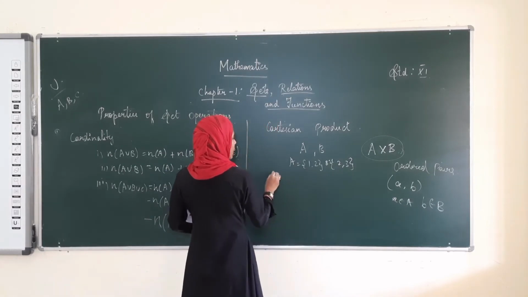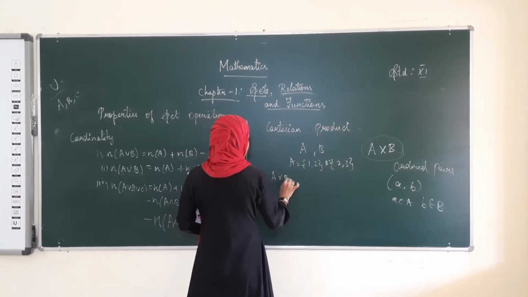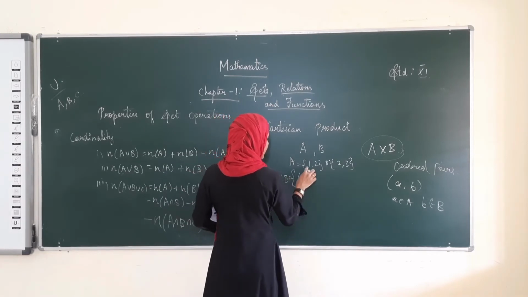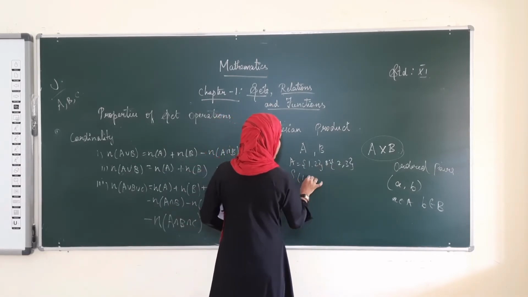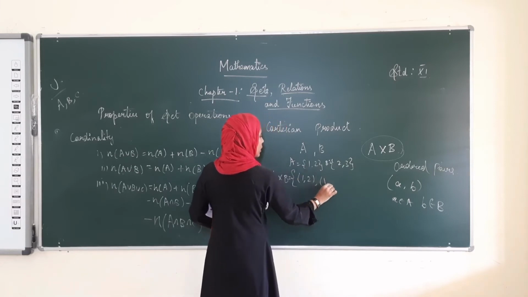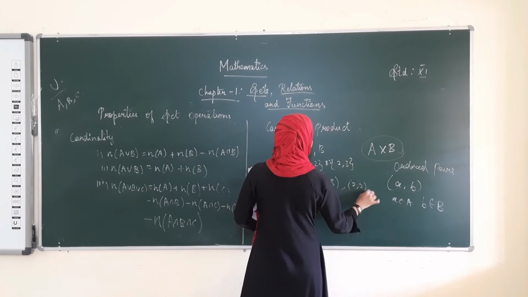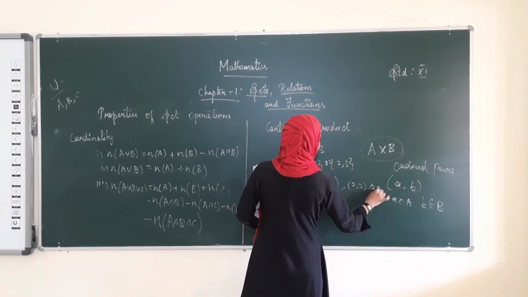A cross B will be equal to the set of ordered pairs: (1, 2), (1, 3), (2, 2) and (2, 3).